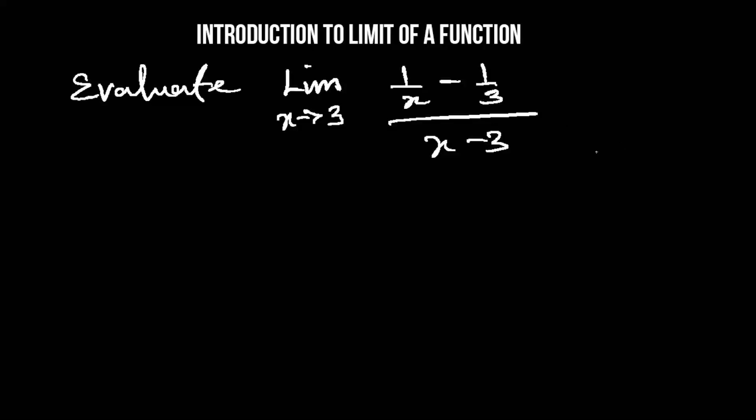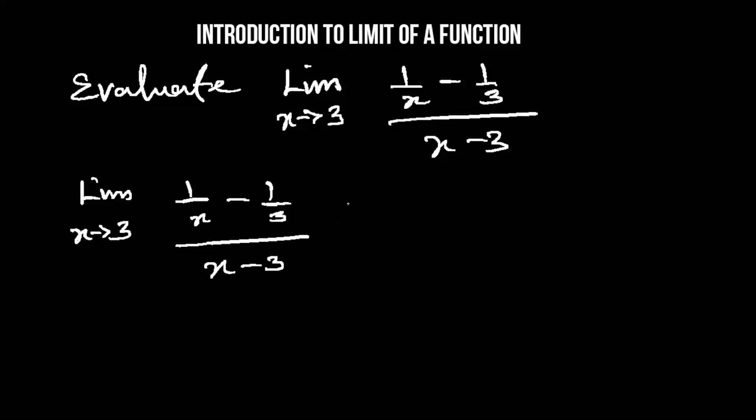So what we do is to multiply both numerator and denominator by 3x. So let's do that by saying the limit as x tends to 3 of (1 over x minus 1 over 3) divided by (x minus 3). We'll multiply it by 3x over 3x.